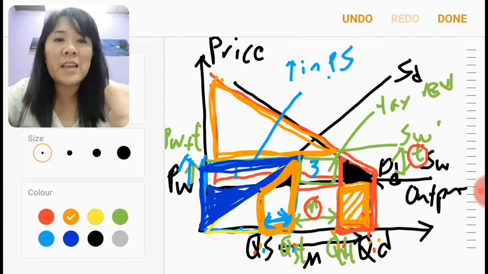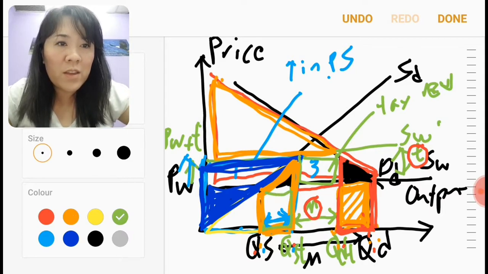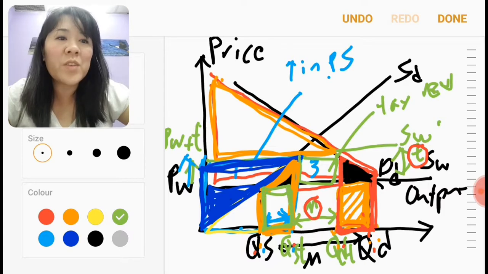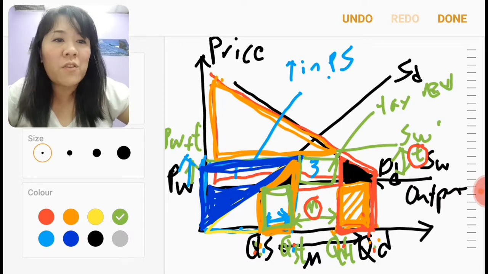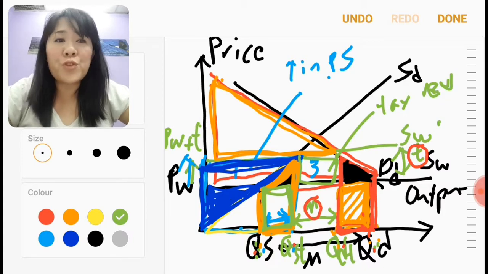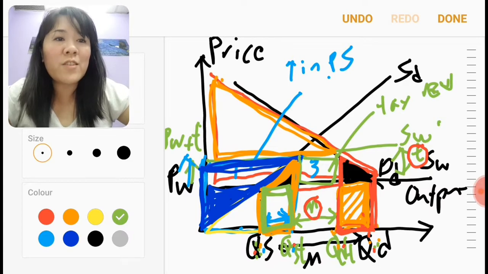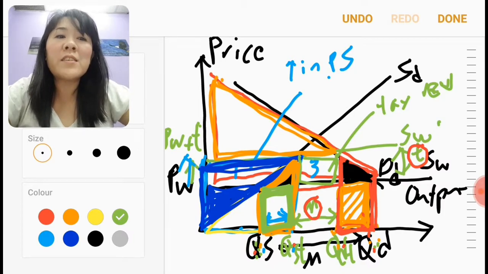However, there's also a cost saving, which is a gain to society, because by not having to import these goods, society could save this rectangle here, since this QS QST used to be part of the imports of QS QD. Now that QS QST is produced by the domestic producer, PW times QS QST is the amount saved for not having to spend on imports.